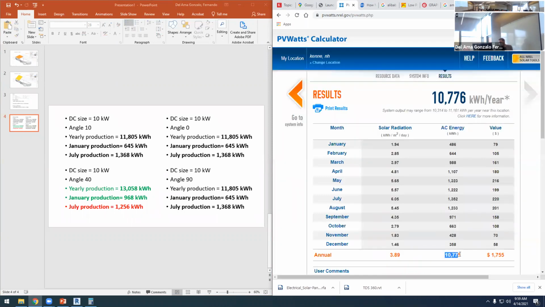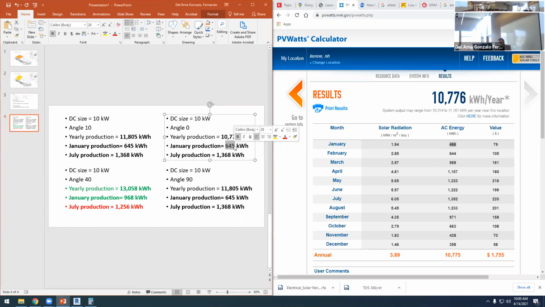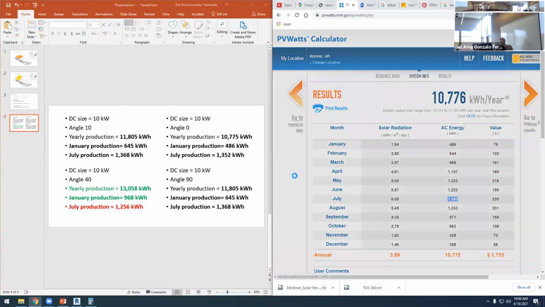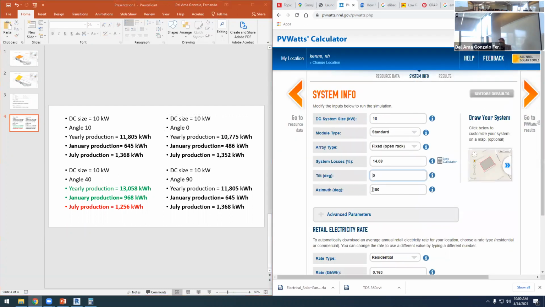Okay, with 0, the total is 10,000. The January is 486, and July is 1,352. What about a vertical one?